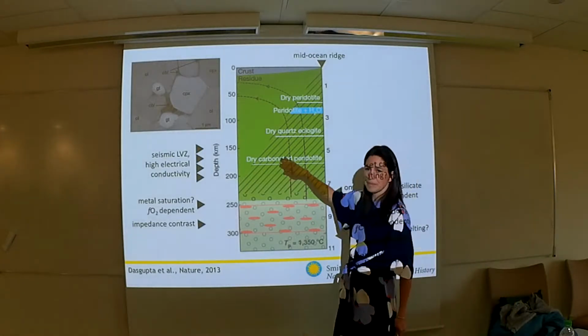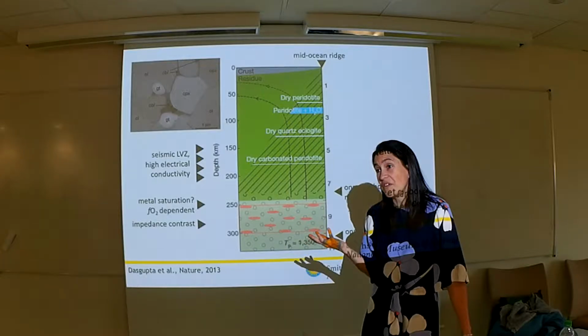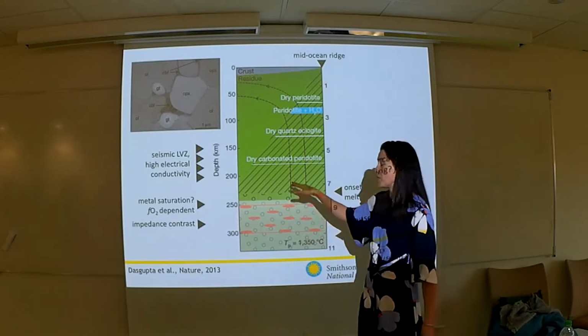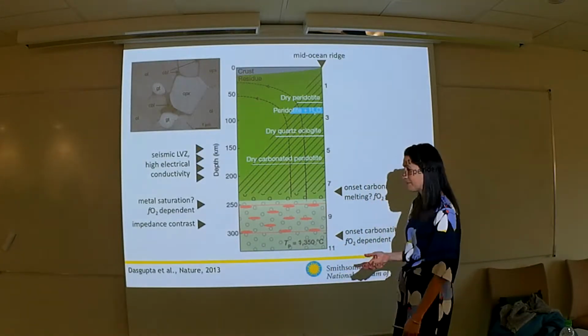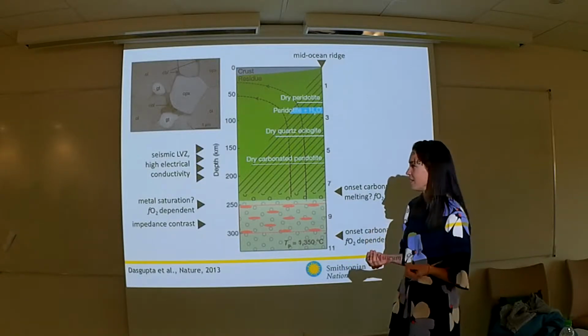But melting the carbonated solidus requires that the mantle be fairly well oxidized. You need a very oxidized mantle because the graphite-carbonate transition is oxygen fugacity dependent. So this is where the real importance of oxygen fugacity comes through.